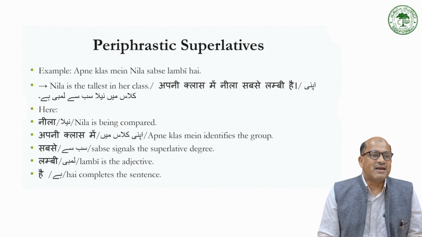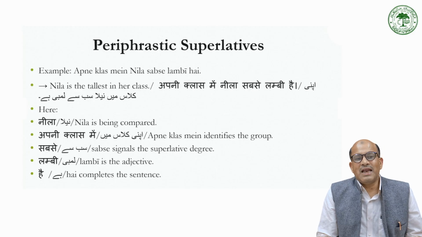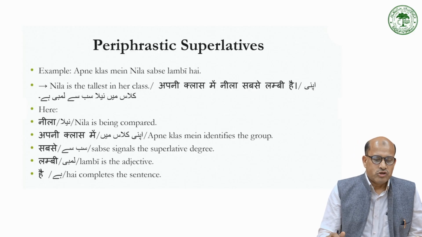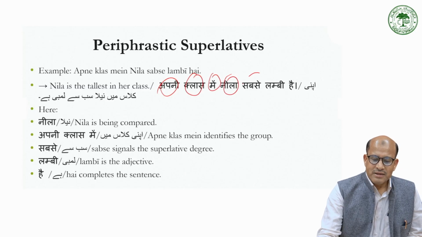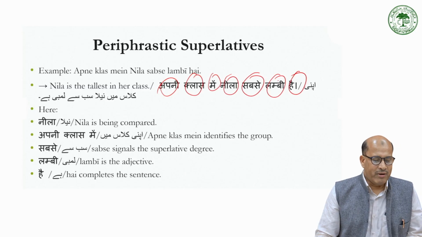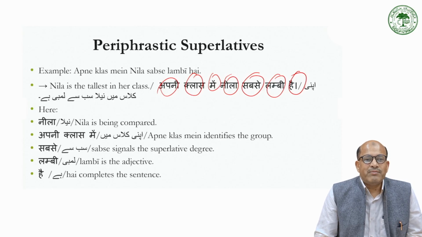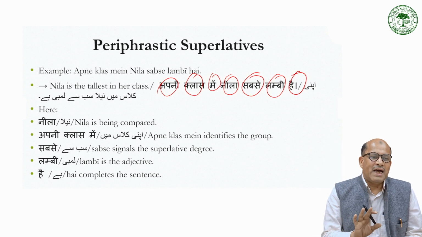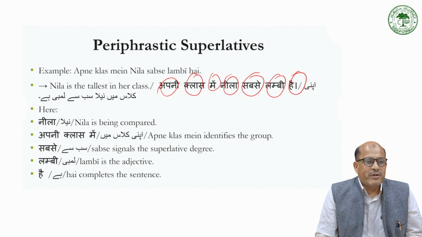So if you look at this sentence, अपनी क्लास में नीला सबसे लंबी है. Look at अपनी क्लास में नीला सबसे लंबी and the verb है. नीला is being compared here. अपनी क्लास में identifies the group, so in the whole class, and then सबसे signals the superlative degree. लंबी is the adjective, and the linking verb है completes the sentence.